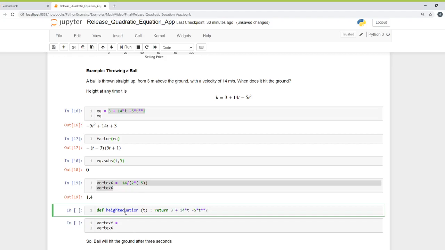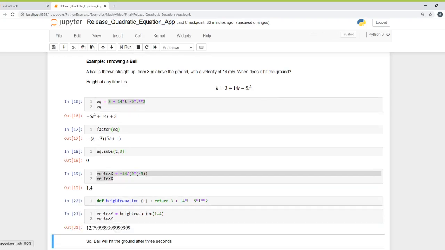So height_equation, and we pass the value of 1.4, run. Vertex y, and 12.80 is the maximum height. At time 1.4, the ball will reach the maximum height of 12.80.